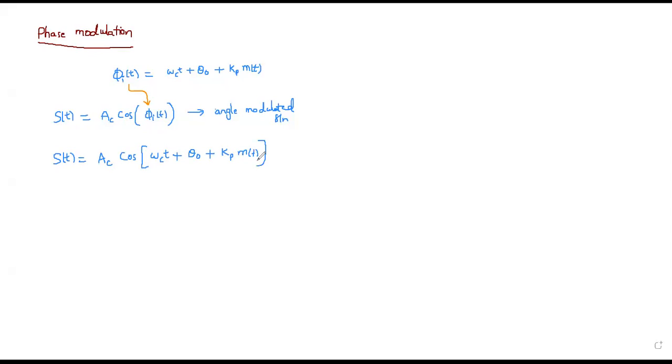This is a phase modulated signal, right? Now, we can do a small assumption here. What is theta naught? Theta naught is nothing but the initial phase angle of the carrier at time t is equal to 0.